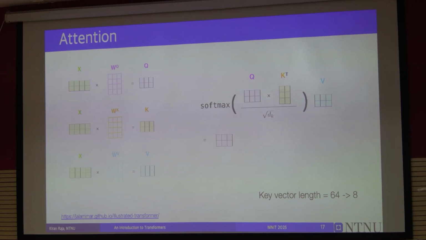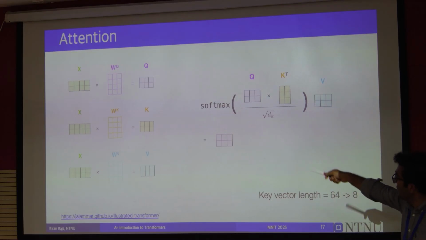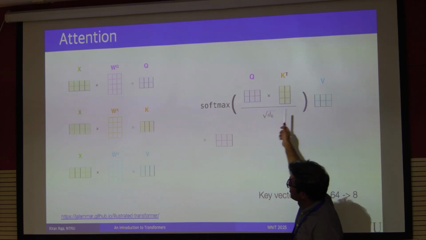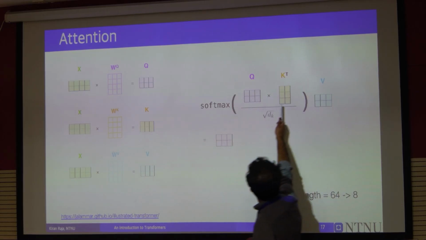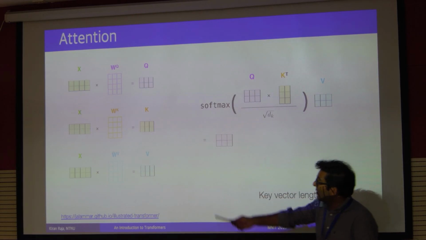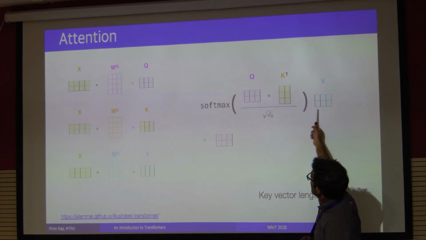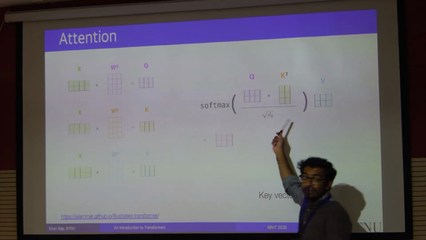And pictorially, if you look at that, what is happening? You have this WQ here in the top part, and then you have K transpose, which is coming from here, and then you have the V part, which is being multiplied here together with the softmax.